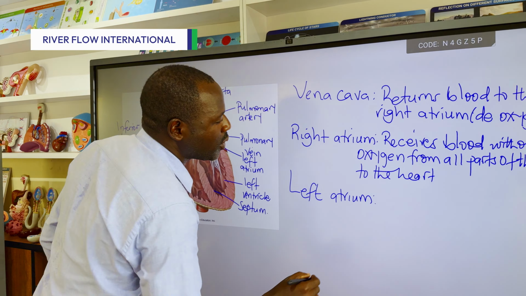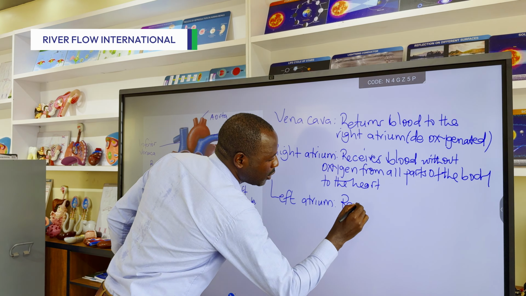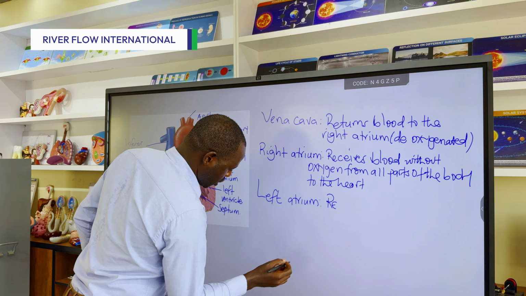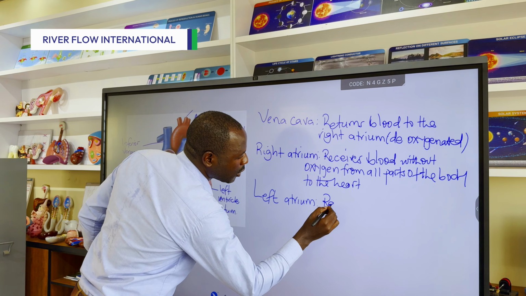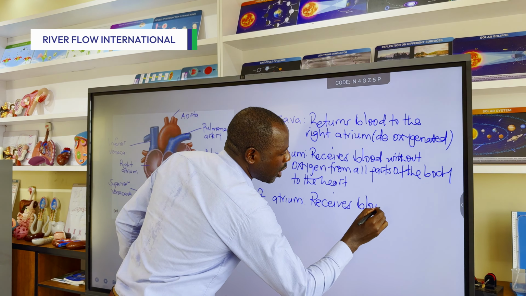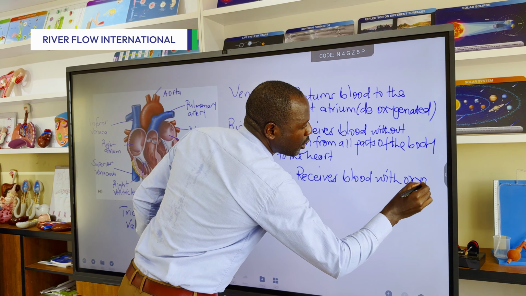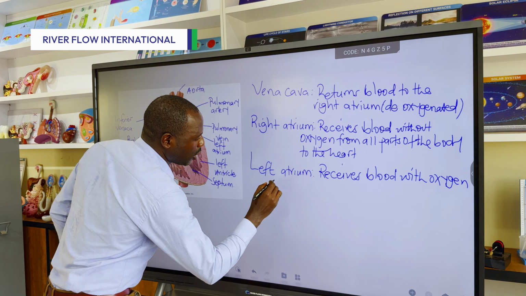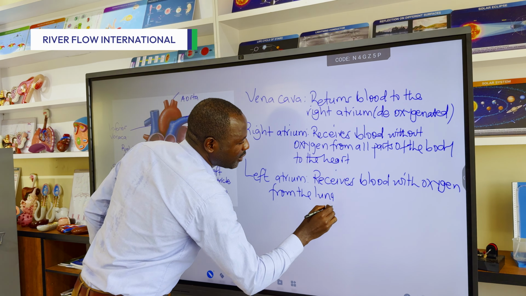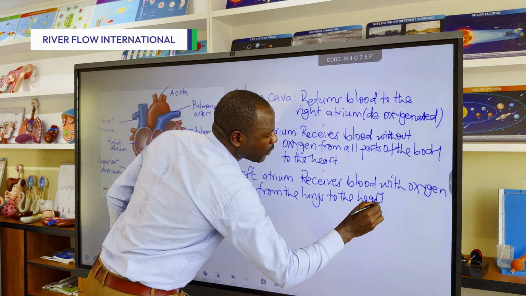So the left atrium receives blood with oxygen from the lungs to the heart.